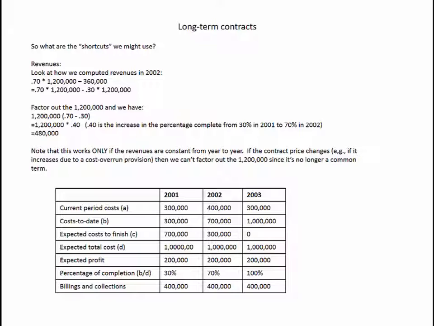So from 2001 to 2002, we're doing 40% of the work, going from 30 to 70%. From 2002 to 2003, in going from 70% complete to 100% complete, we're doing 30% of the work. So we'd recognize 30% of the 1.2 million.